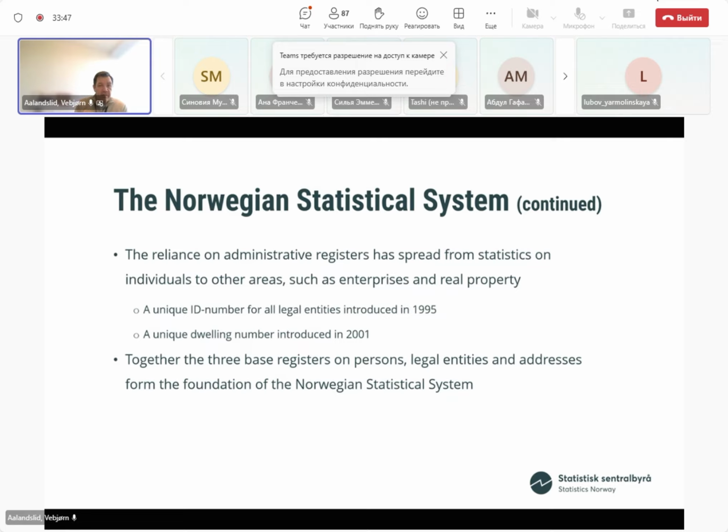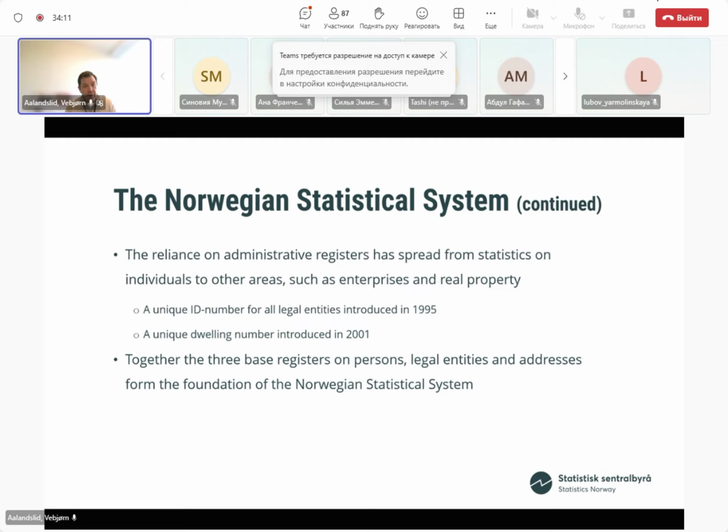This has later spread from statistics on persons to other areas such as enterprises and real property. In 1995, a unique ID number for all legal entities was introduced. And in 2001, a unique dwelling number was introduced for all dwellings in Norway.